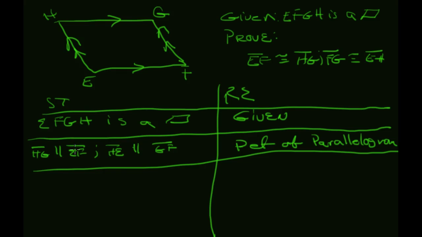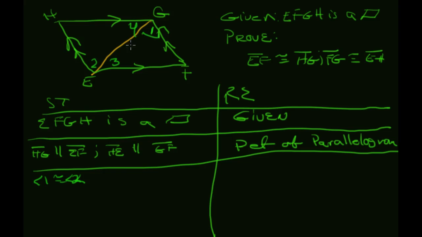Alright. So we just established that this is parallel to this, and this is parallel to that. All right, so we're going to build a segment in here. We're going to build a segment GE, right? And I can construct that because any 2 points are going to determine a line. And this is going to be angle 1, angle 2, angle 3, and angle 4. So that line that I just constructed happens to form a transversal. Now, if these two are parallel, that means angle 1 and angle 2 have to be congruent, right?